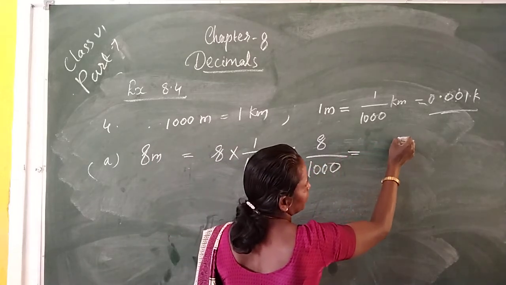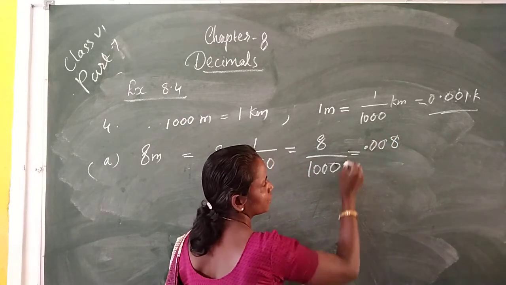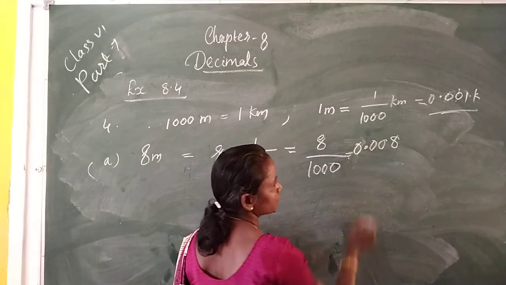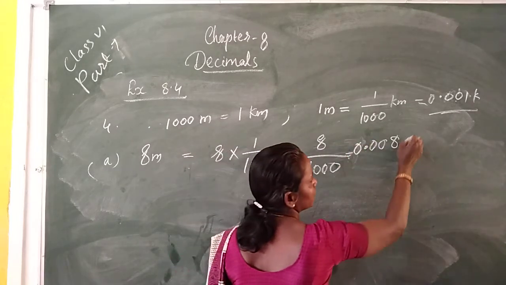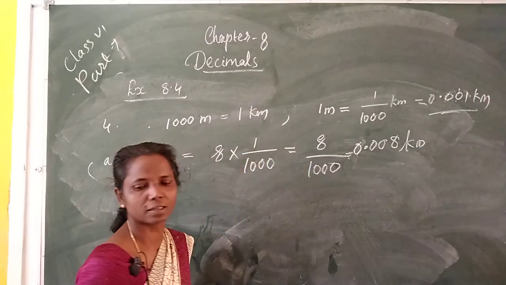So 3 digits before decimal, then 0. So answer here 0.008 kilometer. Is it clear?